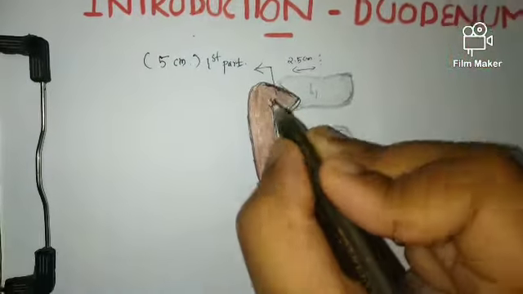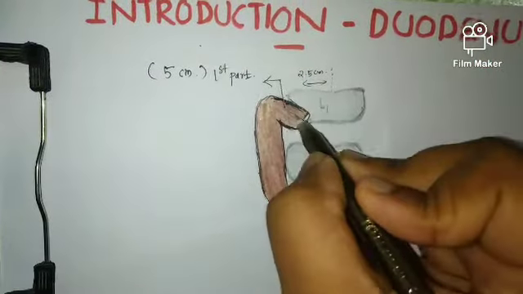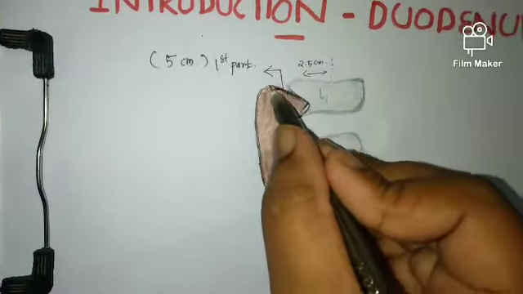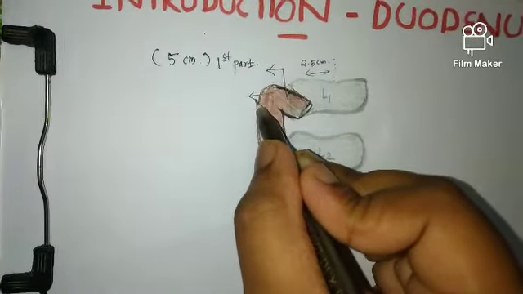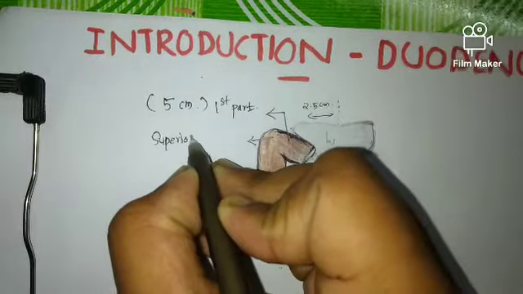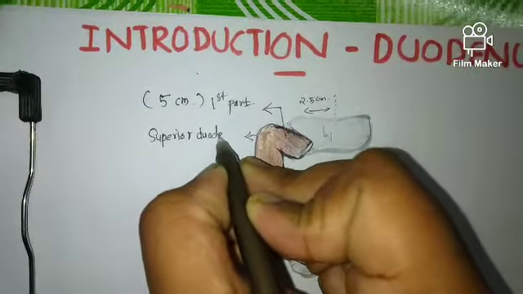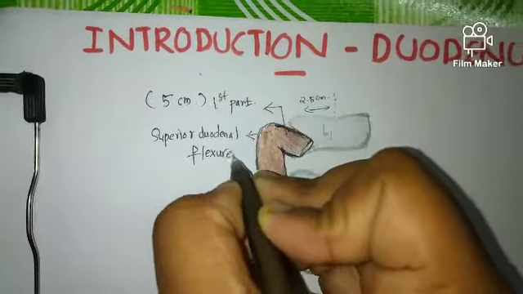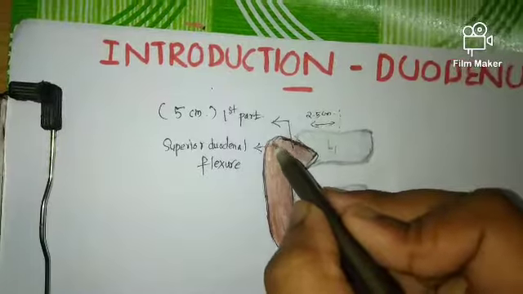After moving upward, backward and laterally, this part is called the superior duodenal flexure.